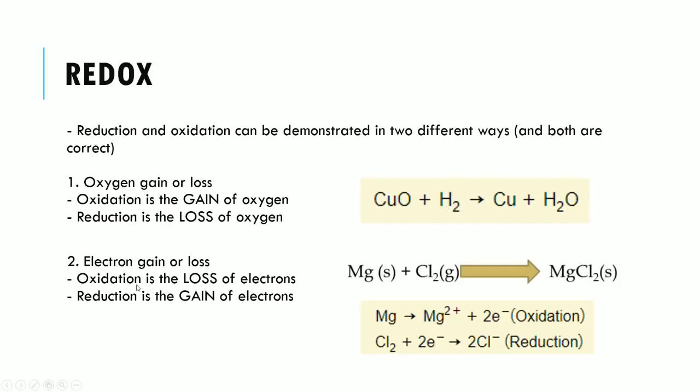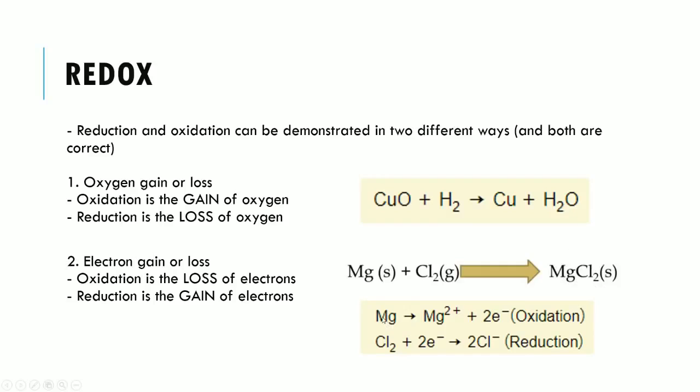Another way of looking at redox is electron gain or loss. So oxidation is defined as the loss of electrons, and reduction is the gain of electrons. So if you look at this example here, magnesium added to chlorine giving magnesium chloride, you can see that there's absolutely no oxygen involved, but there certainly is some sort of electron transfer. So what we're going to be looking at is how the magnesium atom has changed itself into the ionic form in this ionic structure of magnesium chloride.